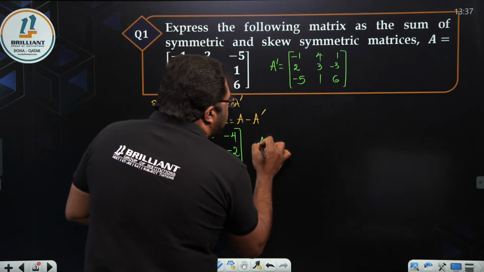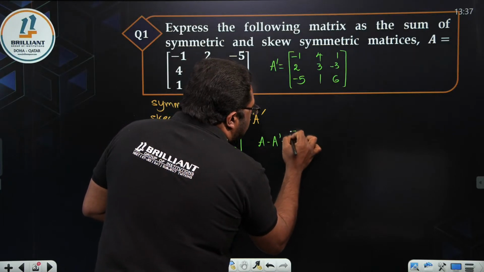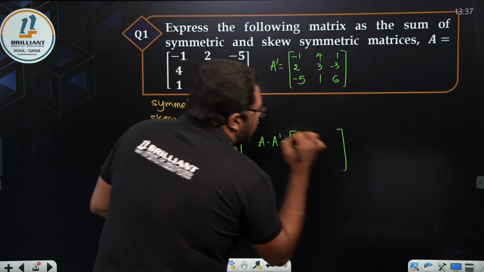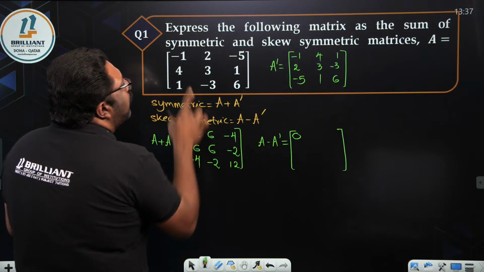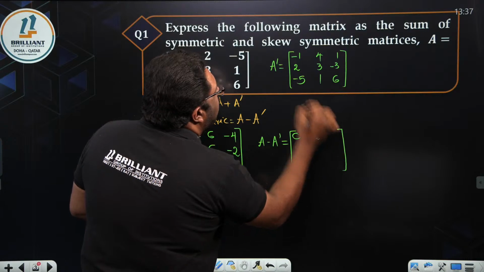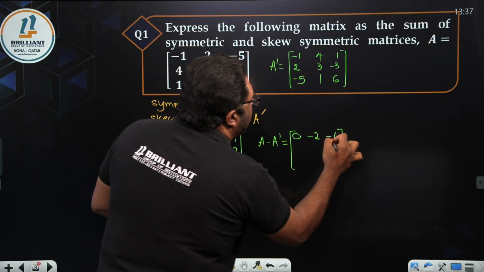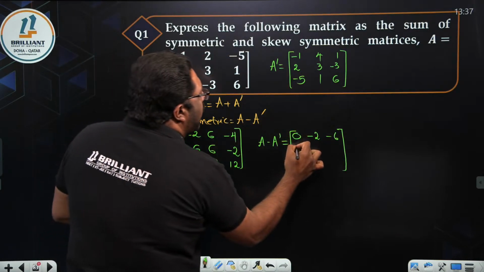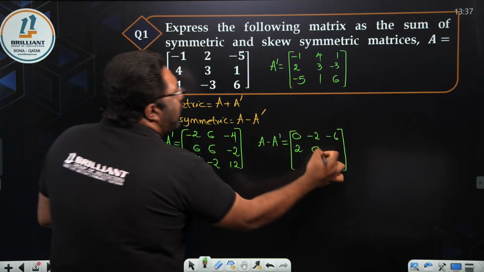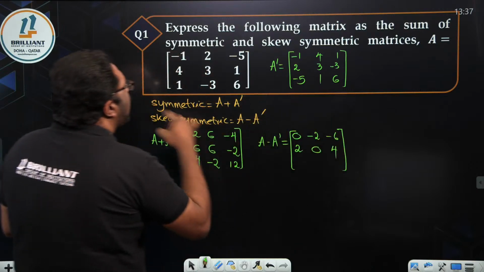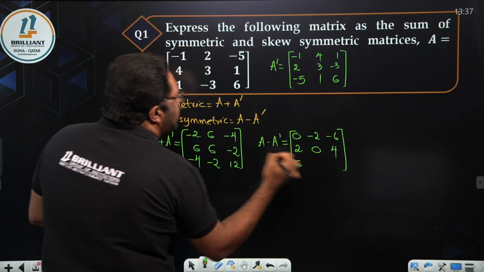Now, form a skew symmetric matrix. Subtract A and A transpose. Minus 1 subtracted with minus 1 is 0. 2 minus 4, minus 2. Minus 5 minus 1, minus 6. 4 minus 2 is 2. 3 minus 3, 0. 1 plus 3, 4. 1 plus 5, 6.